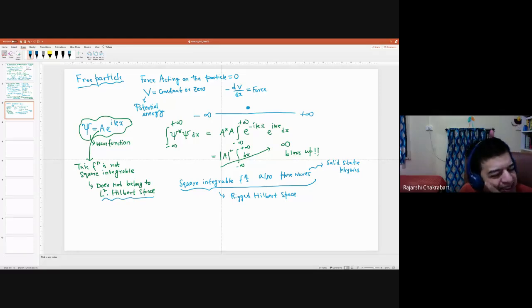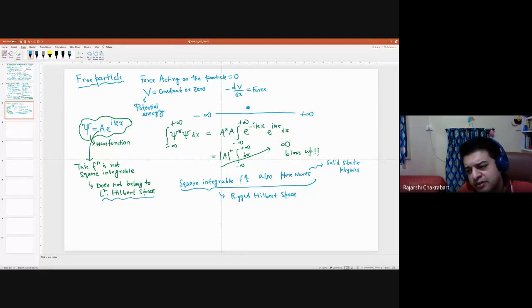I think we did a little bit last year, but not this year. Maybe we'll skip this, but you should keep it in mind. This exponential of ikx does not belong to the Hilbert space, but we include it by changing the Hilbert space to a rigged Hilbert space. That you should remember. Is this clear?